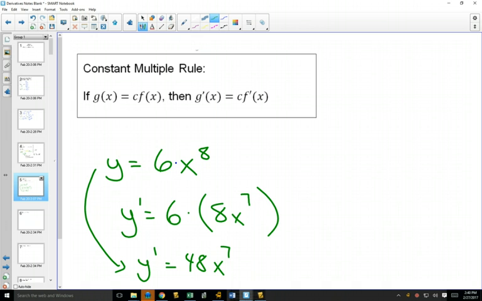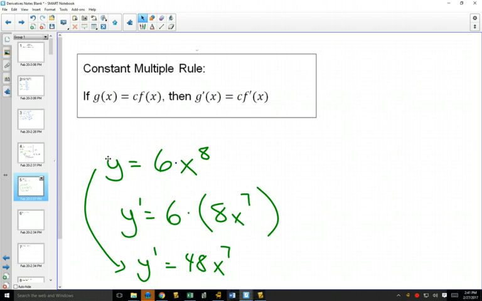But what this constant multiple rule is trying to say is that if you have a number multiplying in front of any function, it doesn't affect doing the derivative. You can still do the same rules that you had before, which means bring the number in front, subtract 1 from the exponent, since that's the only derivative rule we've learned so far.